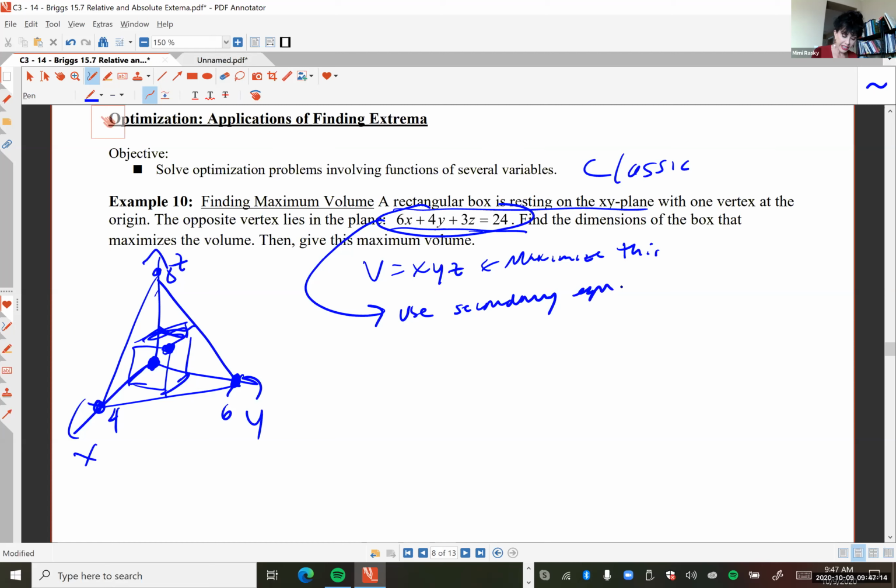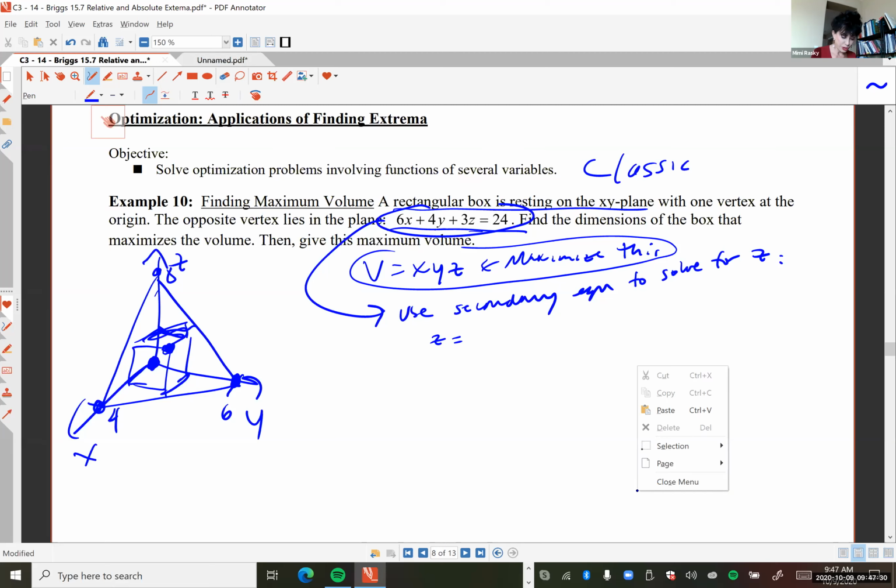You use the secondary equation to solve for z, and then you'll substitute that z into the equation of the quantity you're trying to optimize, in this case, the volume equation. So after I solve for z, just use some algebra here, subtract your 6x and 4y from both sides and divide both sides by 3, you're going to substitute this into the volume equation.